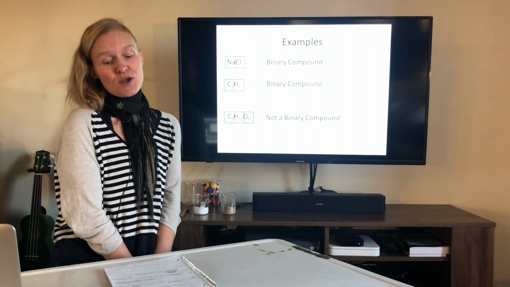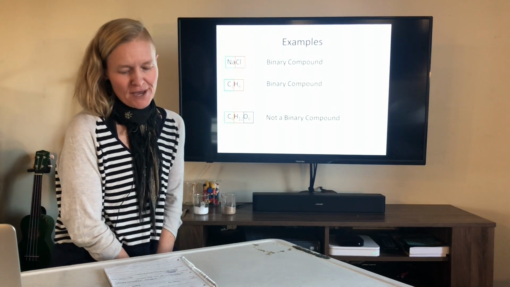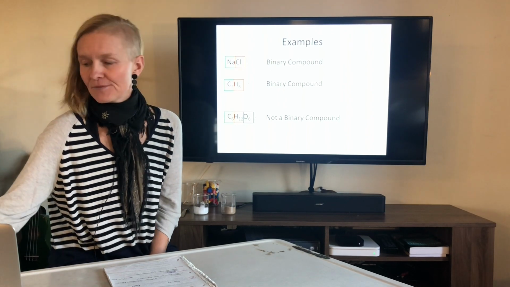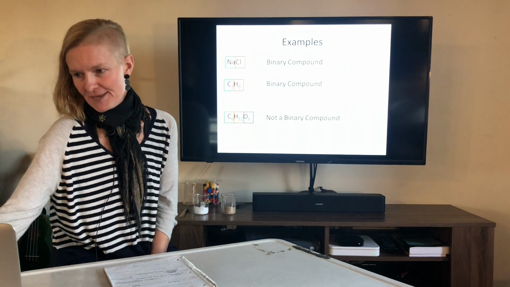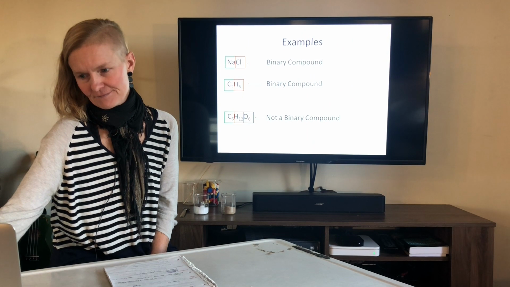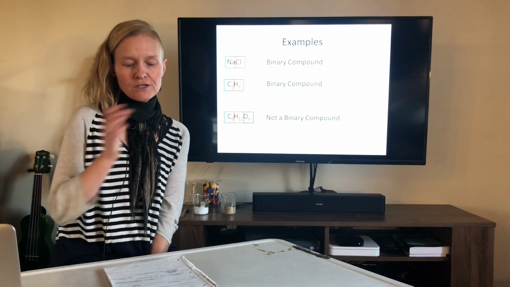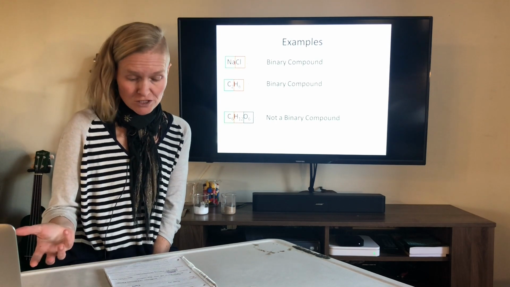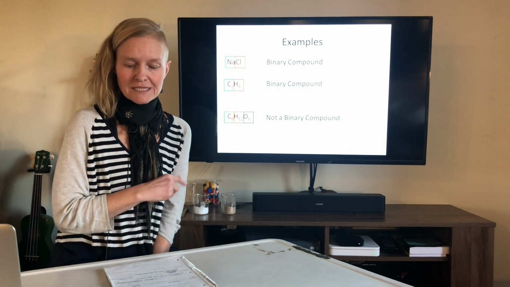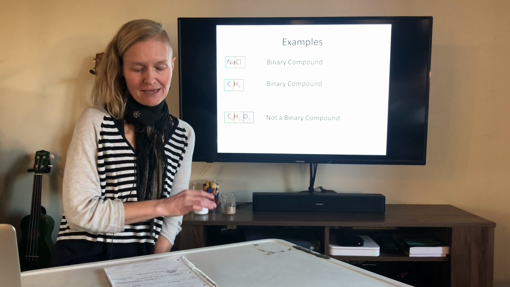Okay, so in naming binary compounds, we want to follow the rules that have been laid out for us. You want to use the full name of the metal first, and then you use only the stem of the non-metal second.